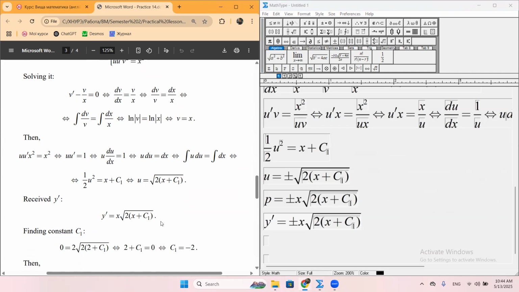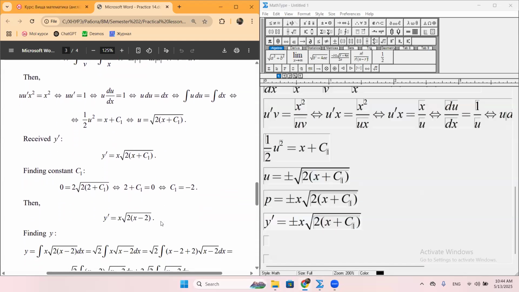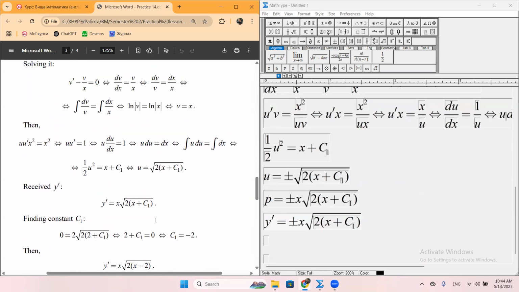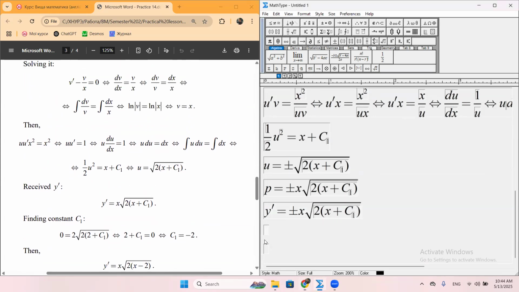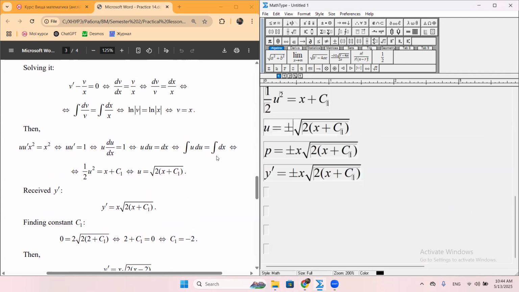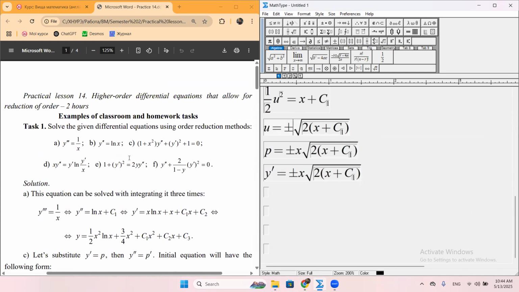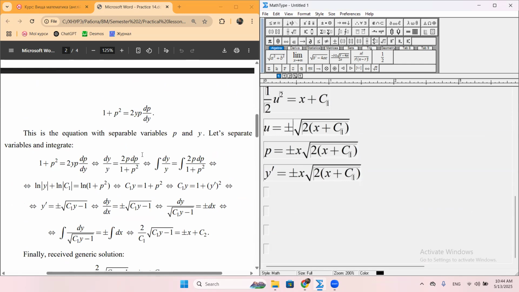So let's continue solving. Now I suggest to find the constant c1.